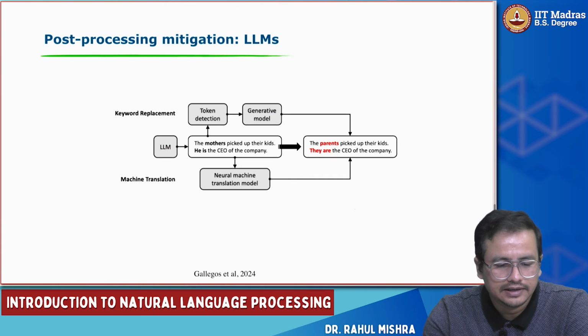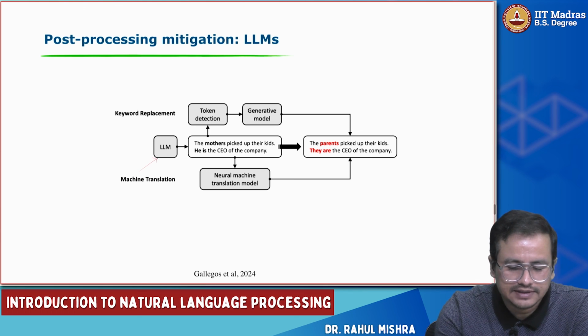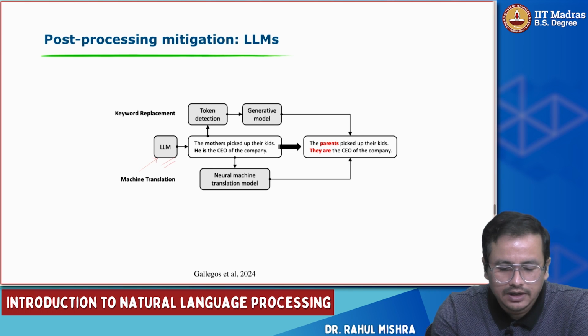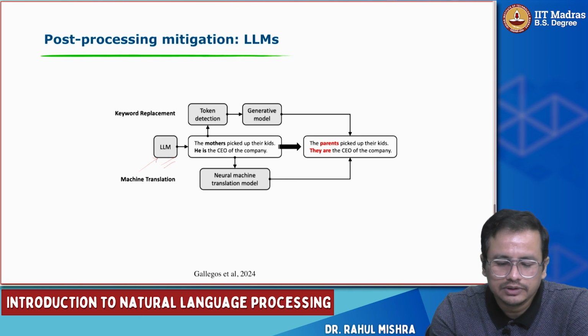And the last category of method is post-processing mitigation, which is super simple. If we go through this diagram, we have an LLM and it generates, let's say, "The mothers picked up their kids, he is the CEO of company." So clearly mothers are only picking up their kids, they cannot be CEO of the company, but a man could be. What do you want to do?